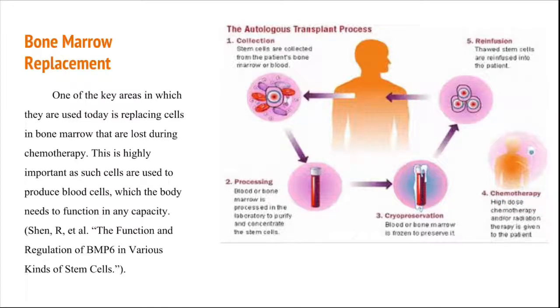Now, one of the primary uses of stem cells that's actually being used today is bone marrow replacement. Pretty much this involves taking the stem cells from a donor, and then after someone undergoes chemotherapy, they're introduced to the bone marrow and help replace lost cells there and expedite the recovery of this person.